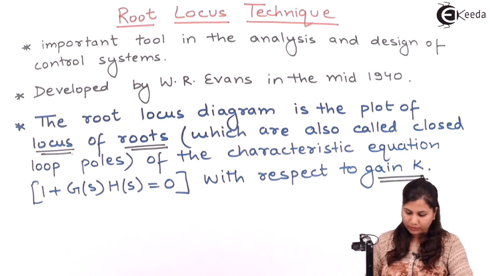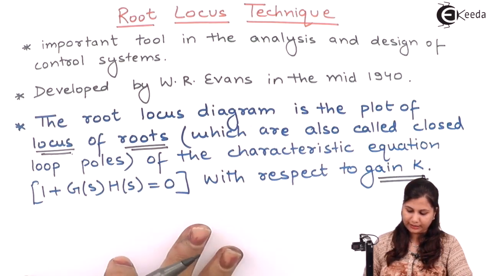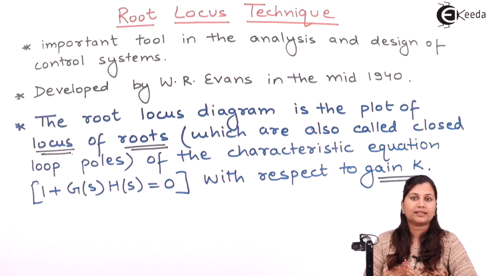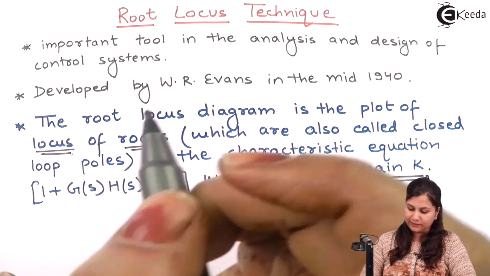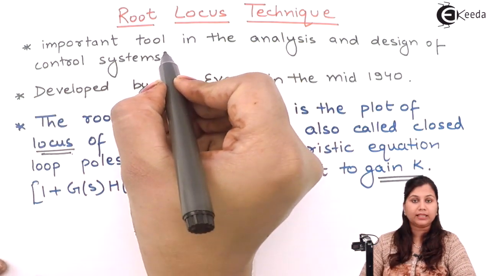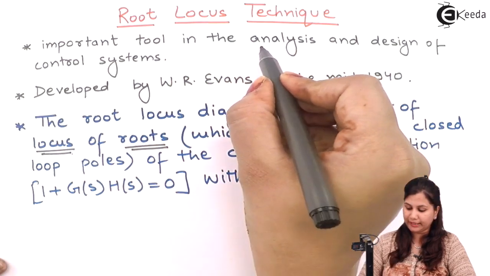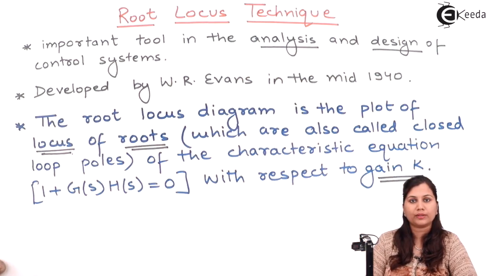Now this method gives us some information about the absolute stability and the relative stability of the system. As we have said, root locus technique is an important tool in the analysis and design of control system.